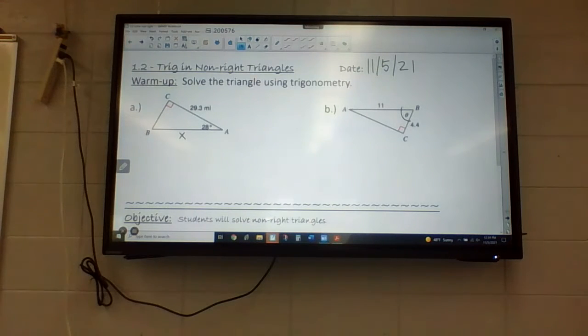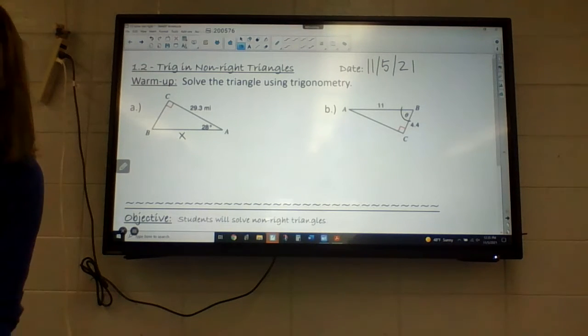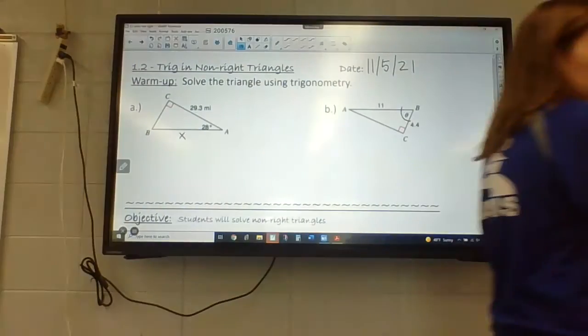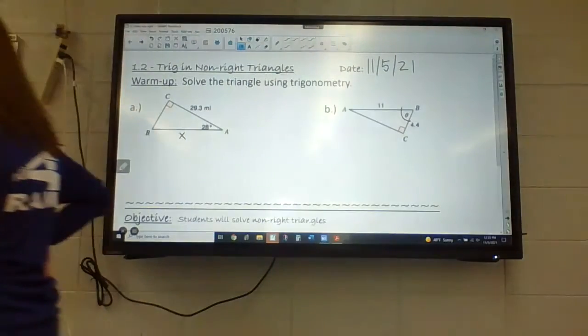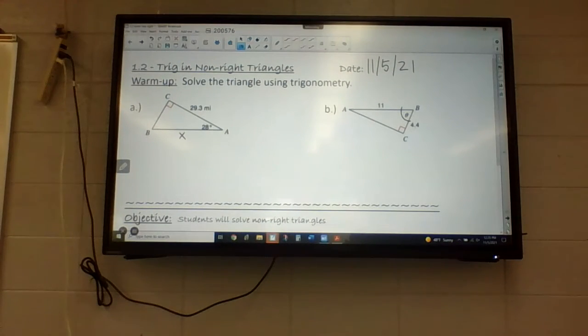In one you're just finding the side length, and in the other you're just finding the angle. To save on time, you don't need to solve fully, just find the one side in the one and the one angle in the other.